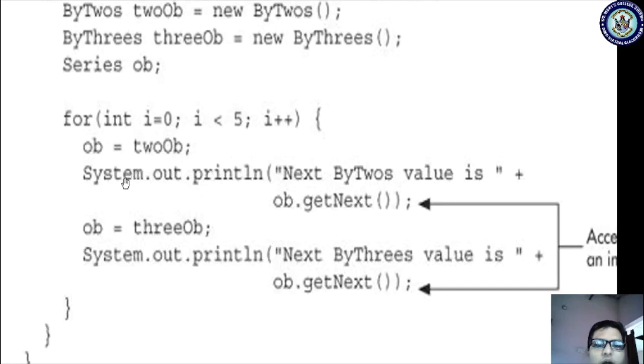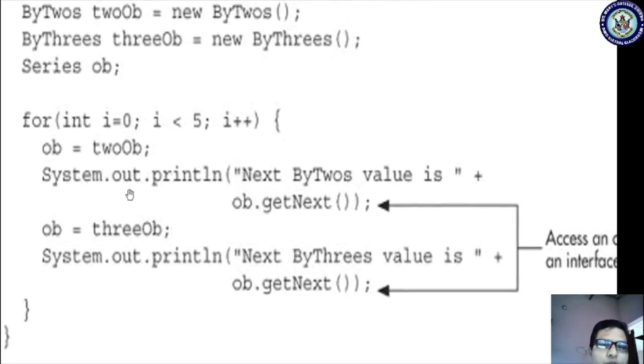Now while displaying, let me see what you are processing. System.out.println, By2's next value is ob.getNext. So through that reference you are calling the getNext method. While calling the first time it will increment by 2.